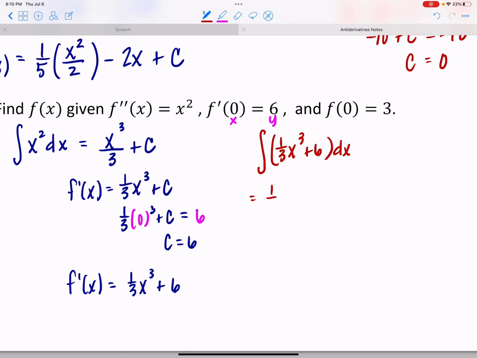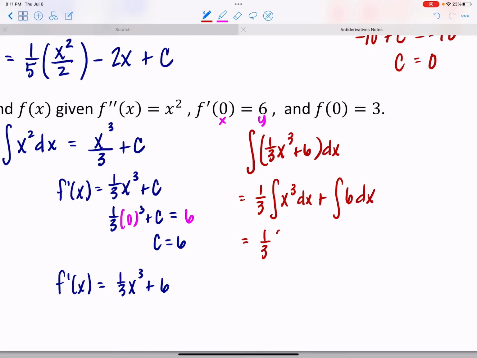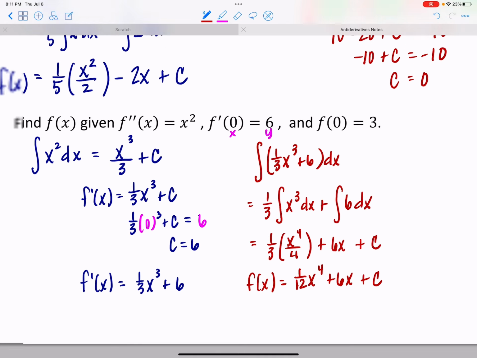So this will be 1/3 times the integral of x cubed plus the integral of 6, and I end up with 1/3 times x to the add 1, divide by the new exponent, plus the integral of that constant, which is going to be linear, and then my constant of integration. So this is my original function now, right? I've got f of x equal to 1/12 x to the 4th plus 6x plus some constant.